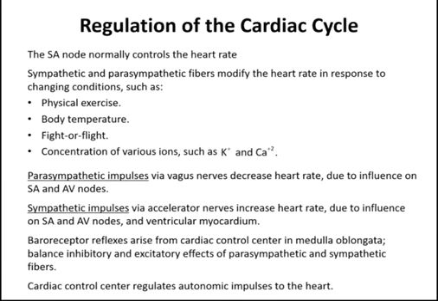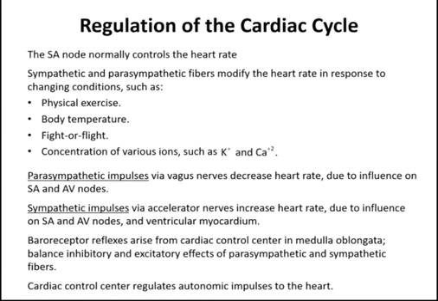Body temperature changes are going to stimulate your heartbeat to modify itself in certain ways. Getting into a dangerous situation, stimulating the sympathetic nervous system to fight or flight, is also going to cause a change in your heartbeat and maybe stroke volume. Also, diet, the concentration of potassium or calcium in your heart, is also going to modify heart rate.